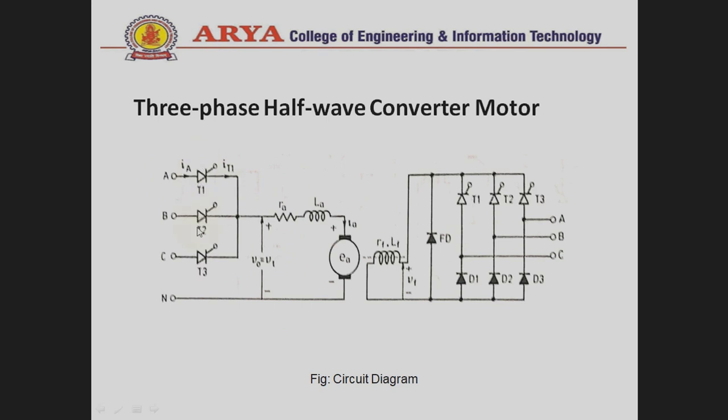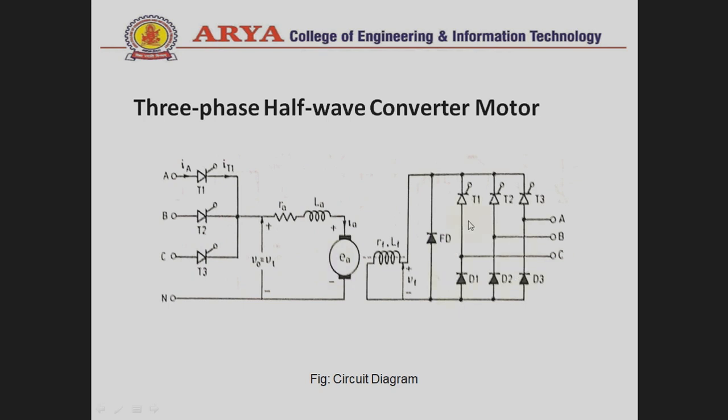It means if T1, T2, T3 are in working condition, then whichever phase is conducting at a time provides its voltage across the output, and that voltage is applied to the armature circuit.